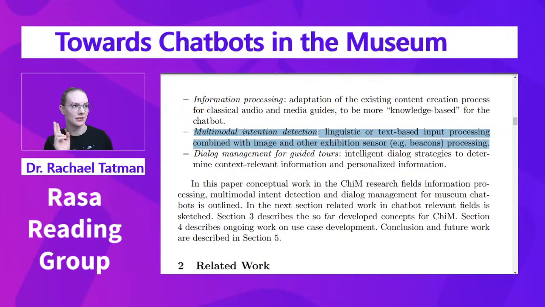So you have two tasks, one of which is vision based, one of which is text or speech based. And I think that they're saying here that the second mode is the sensors and also some sort of image processing.